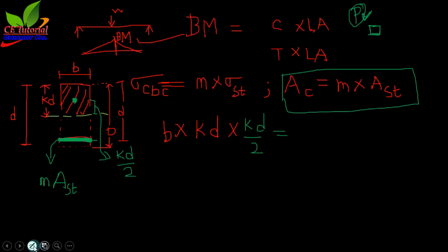If we replace the steel by concrete, then the amount of concrete will be very high, and this amount of concrete can resist P load. You got my point? So this is AST and this is AC. Why is the area of concrete so high? Because concrete cannot resist that much tensile load.